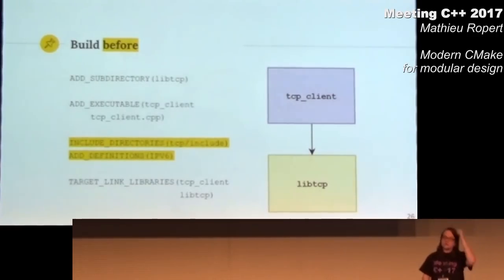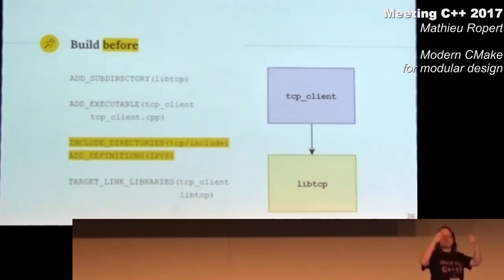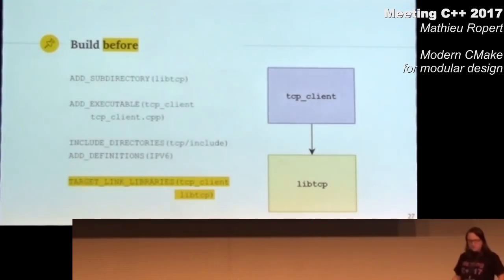Then you say, all right, yeah, I want IPv6 because that's part of the spec, so you add a -D IPv6 to make sure that libTCP will actually be built with IPv6 support and that it will be visible in the header files because there's probably some ifdef toggle like we all like. And finally, you say, okay, I must not forget to link because obviously, unless it's a header-only library, I know it's all the rage, but let's say it's not. If you don't link, well, it won't compile.